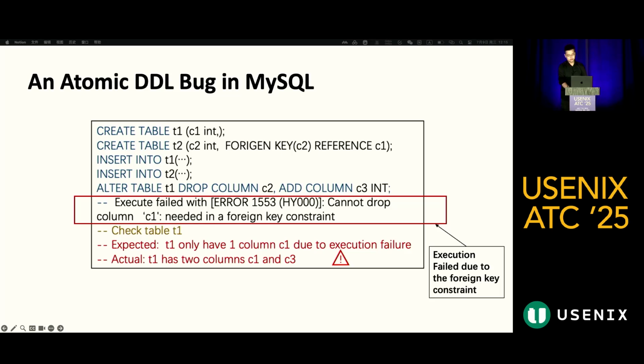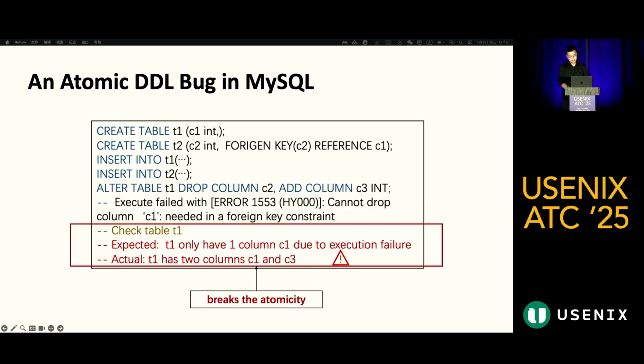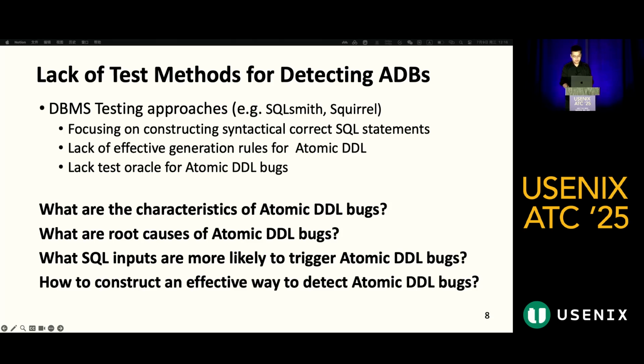However, it fails due to the foreign key constraint. Therefore, table T1 should still have one column, C1. But the alter table statement is not correctly rolled back, resulting in the T1 table having two columns, C1 and C3, which is inconsistent with the expected state.